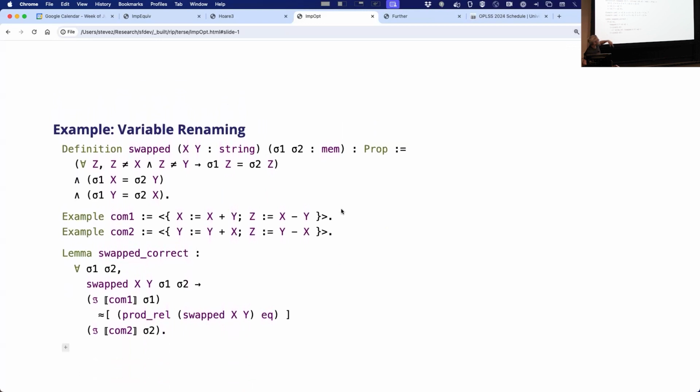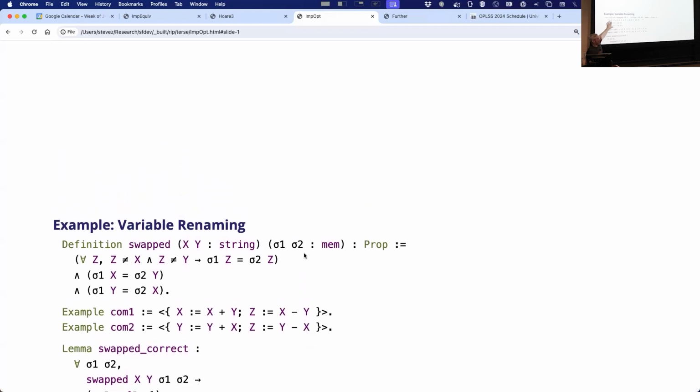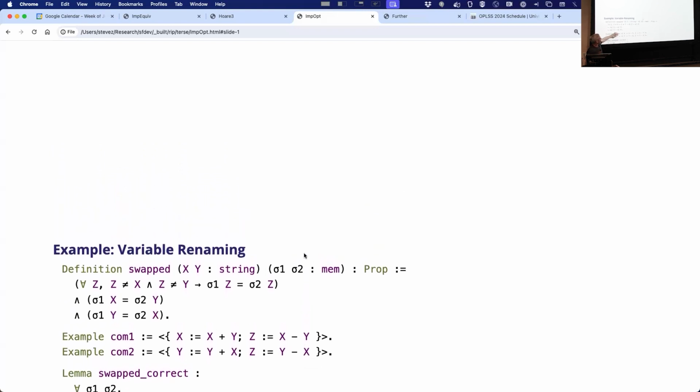So these are two commands, and we want to prove that they might be related, but of course, they're not related for any input memories. They're only related for the ones where we permute the x and y's in a sensible way. So we could define a kind of relational invariant that says, if we've swapped x and y, we'll relate memory sigma 1 to sigma 2 in this way.